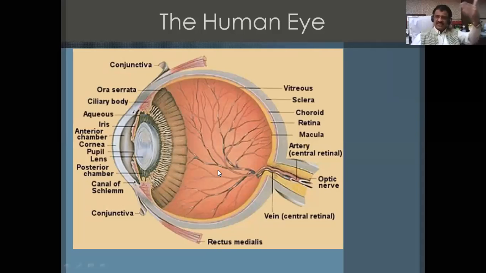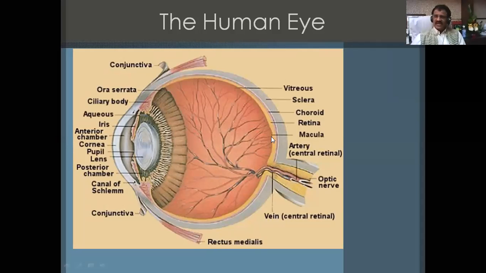We are showing more retina here, and the sclera going continuously behind in the posterior part of the eyeball. Then you can see the choroid coat, then you can see the retina coat, and on the posterior wall of the retina, you can see two spots here.